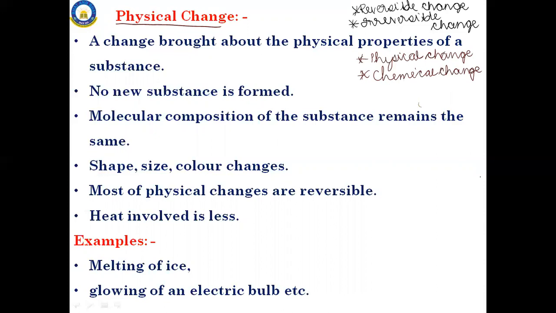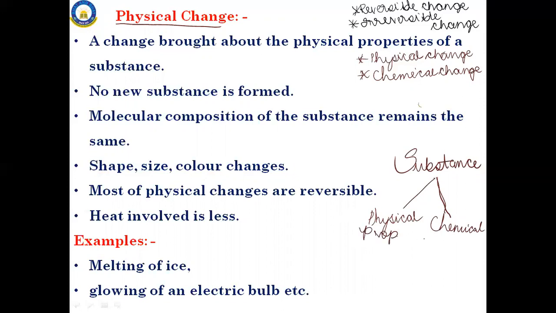Whenever you consider a substance, there will be two kinds of properties for any substance. How many kinds of properties? Yes, two. The first we call physical property, and the second we call chemical property.